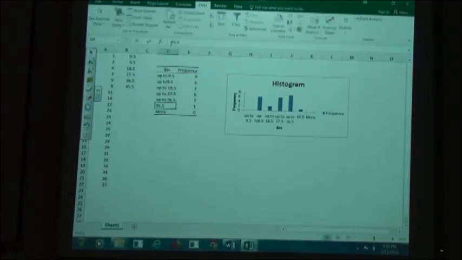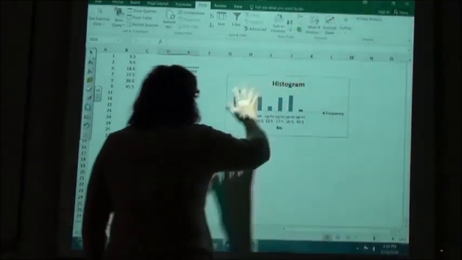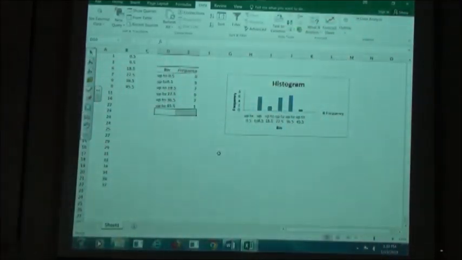And since the 45.5 is your last one, you can just delete out the more if you would like. And notice then I got rid of the more and that's not showing up there. Unless I really want it to show up, it doesn't really make any difference. It's kind of how you want your histogram to show up.